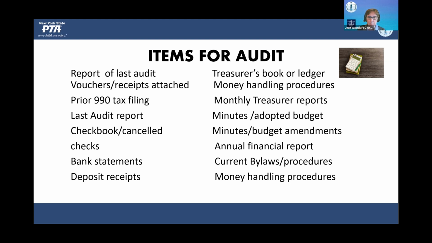Monthly treasurer's reports, minutes showing that you adopted the budget and that the treasurer's reports are presented, minutes that indicate any adjustments to the budget, the annual financial report, which comes at the end of the year, current bylaws and procedures, and of course, money handling procedures.